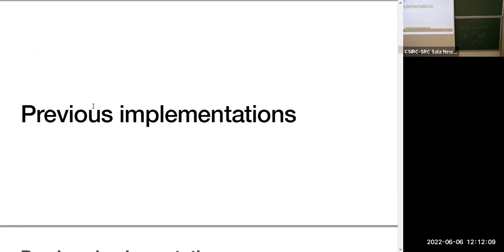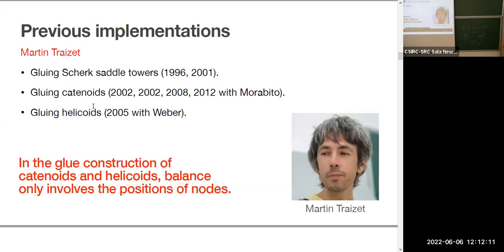Okay, previous implementations. He's the hero of all these techniques. In 1996, I think that was in his thesis, and 2001. So 1996 is PDE gluing, 2001 is Weierstrass gluing. And then he had a lot of papers that glued catenoids into different kinds of minimal surfaces.